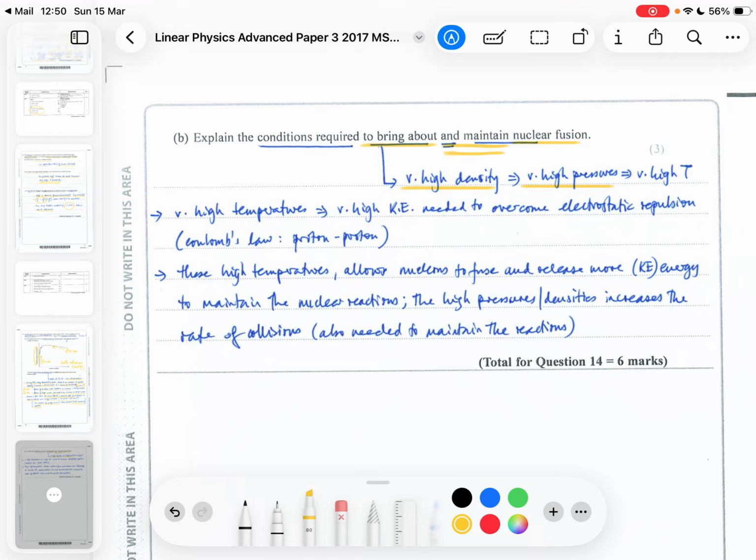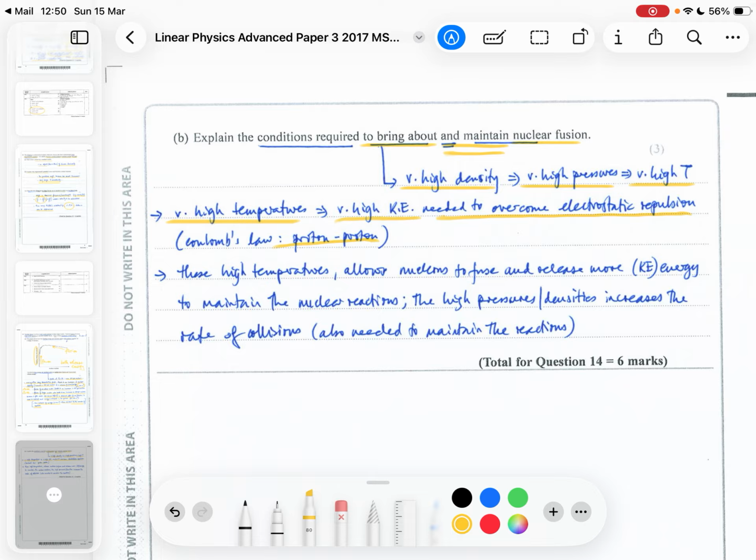You get a higher rate of collisions, and the higher pressures using the kinetic theory lead to higher temperatures, and at very high temperatures you have very high kinetic energies. And you need very high kinetic energies to overcome the electrostatic repulsion between protons and protons, which nuclei have.